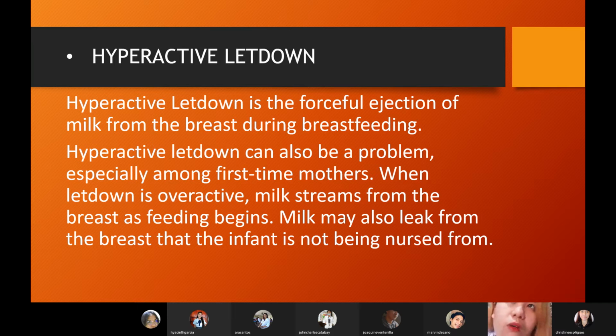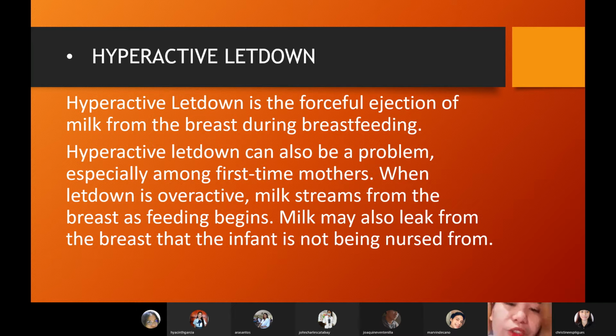So, based on observation from other mothers din, once they become a mother, it is very common to see na there is a breast leak na rin, no, or milk leak na rin on their breast.